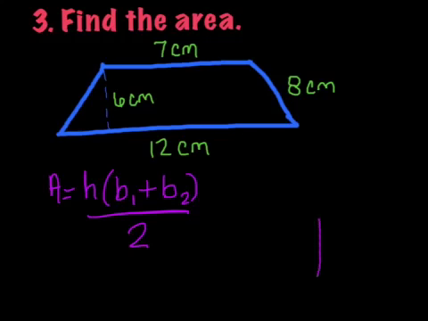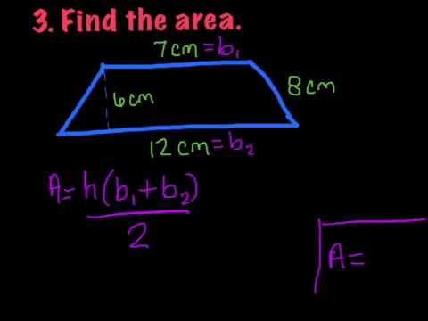So let's get a spot for our answer. A equals. And we just need to plug in our numbers. Well, first we need to figure out what's what. So where is base 1? Where is base 2? Where is our height? So remember, it doesn't matter which one you call base 1 and base 2. I'll call this base 1. And I'll call this one base 2.